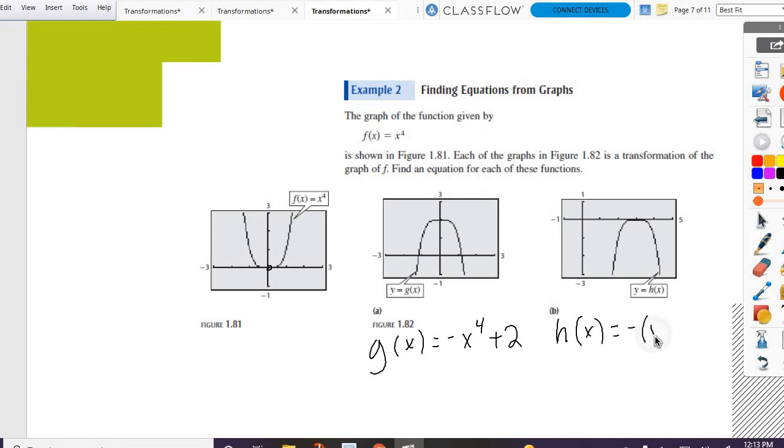Negative, parentheses x minus 3, parentheses to the 4th. So are the parentheses important? Yes, because they tell us is it on the inside or the outside of our function. Questions on either one of those?